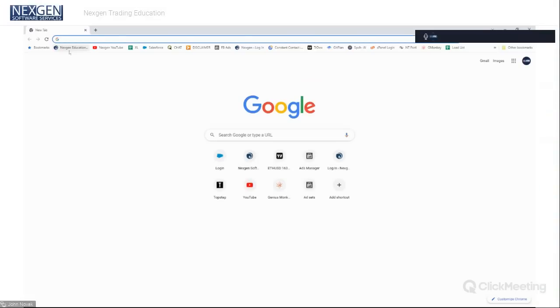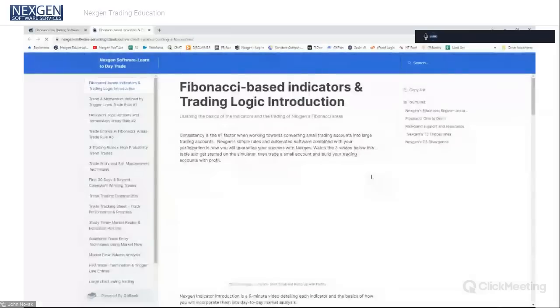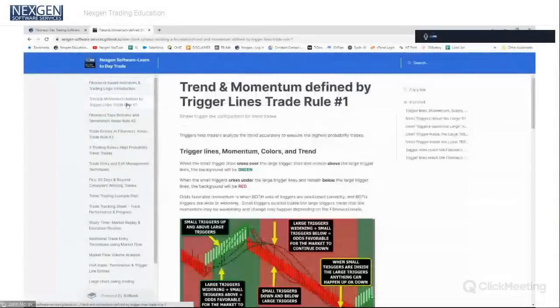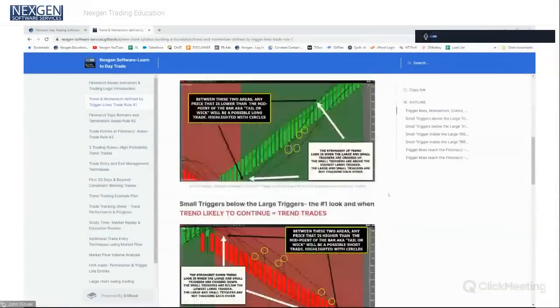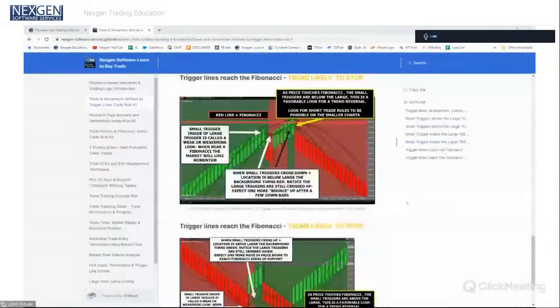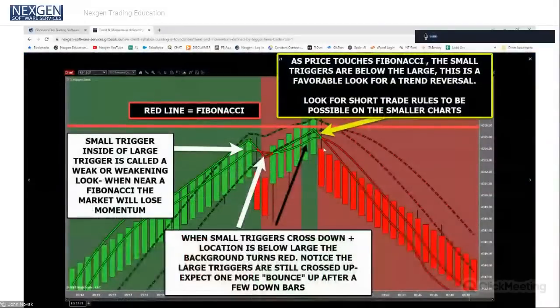Let me show you in the manual where this stuff is. It's very, very simple. Trend defined by trigger lines. This is in the second section. And look, this is the typical, we went through this yesterday, right? If the first push is strong, a lot of times they make a second push.